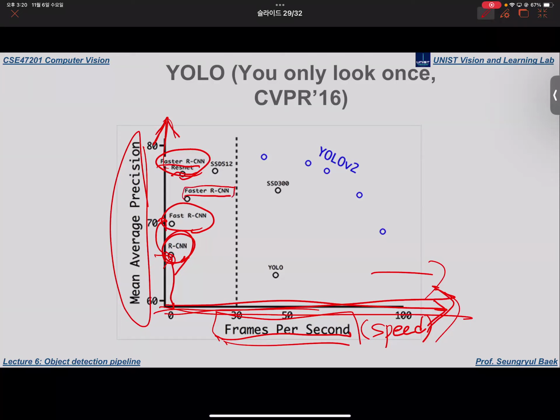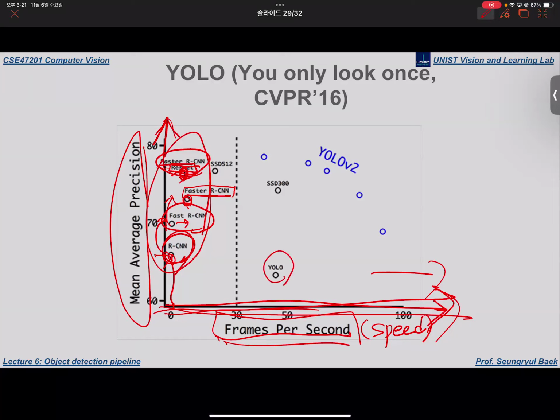With a ResNet backbone, the speed and accuracy would be like this; with a different backbone, they would be here. But anyways, they are faster than fast RCNN, and their accuracy is far better than fast RCNN and RCNN.